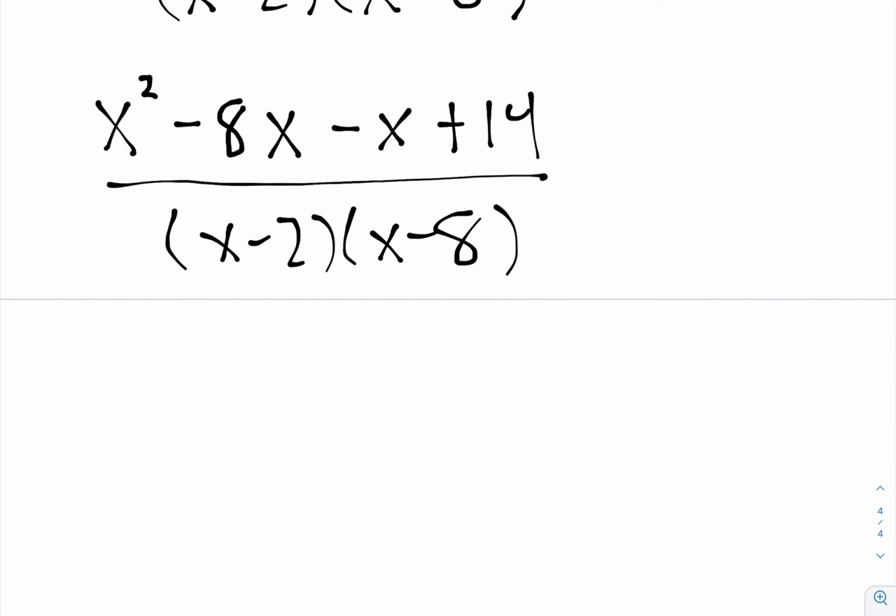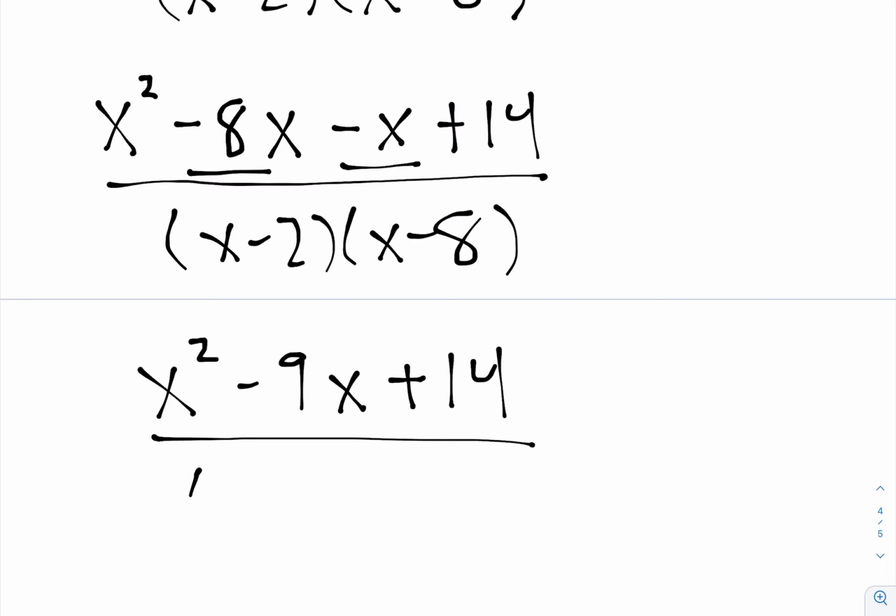Okay, so now we can combine like terms. I see this negative 8x and this negative x, so we can combine that to make minus 9x plus 14 divided by x minus 2, x minus 8.